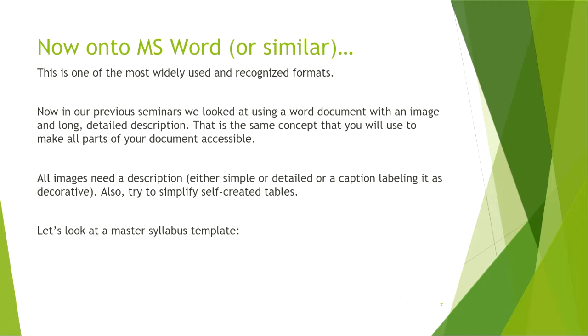So I'm going to also use charts and graphs. You still have to give a description of what's going on. And the best thing is, if you're going to use a table, to try not to use a lot of formatting.